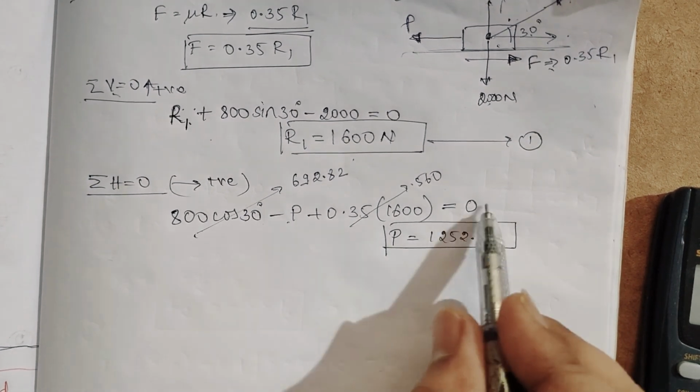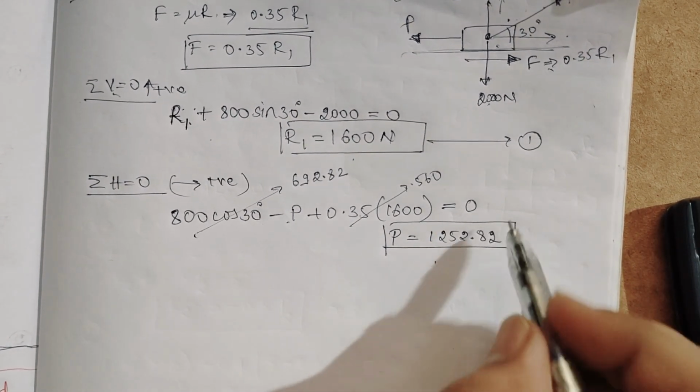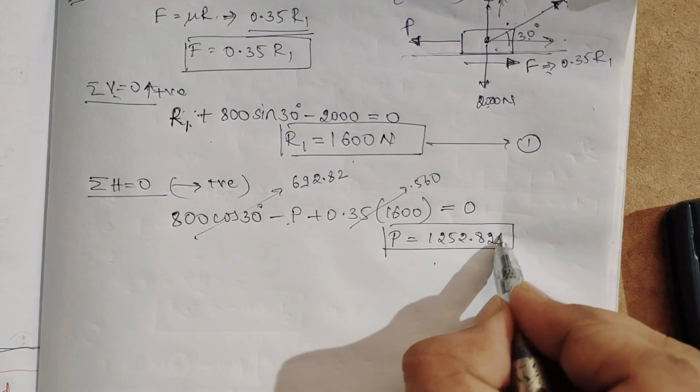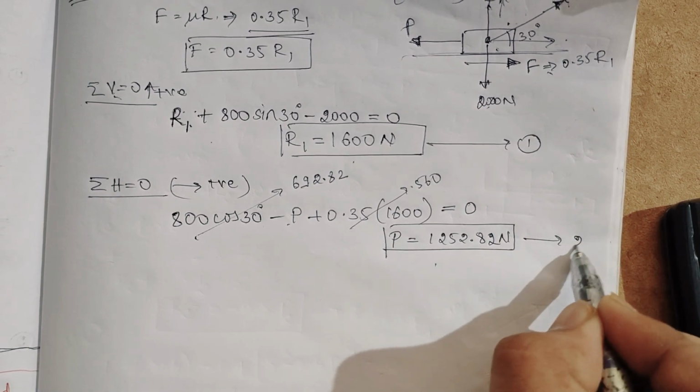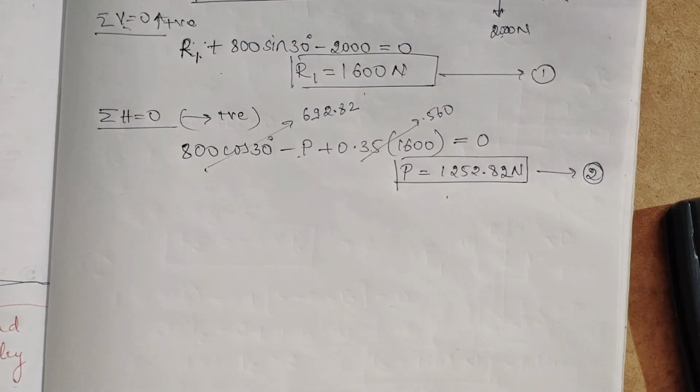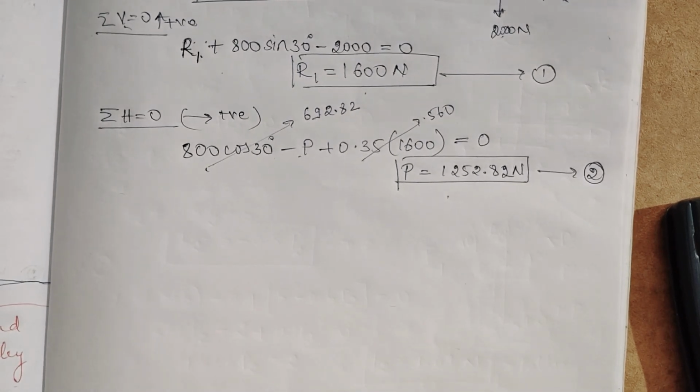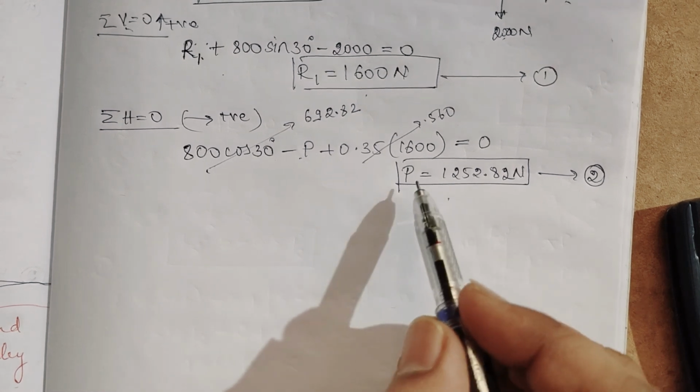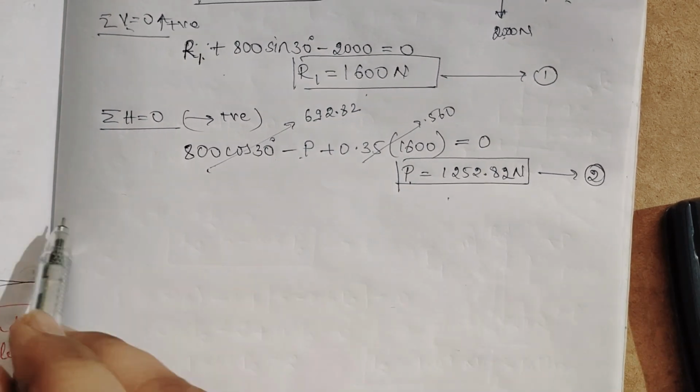So the negative sign cancels, and you will get 1252.82 Newton as the value of P. So R1 is 1600, P is 1252.82. So what we needed to find? P. We got the value of P.